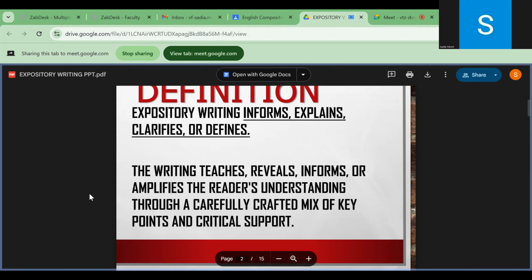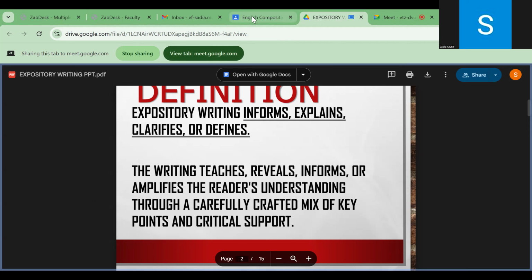So it is able to inform, explain, clarify, or define. Expository writing could include all these norms where you are supposed to inform, explain, clarify, or define. This type of writing can also equip you with the understanding of how to reveal and give information, and how to give understanding to the audiences through carefully writing your points which are critical in nature.